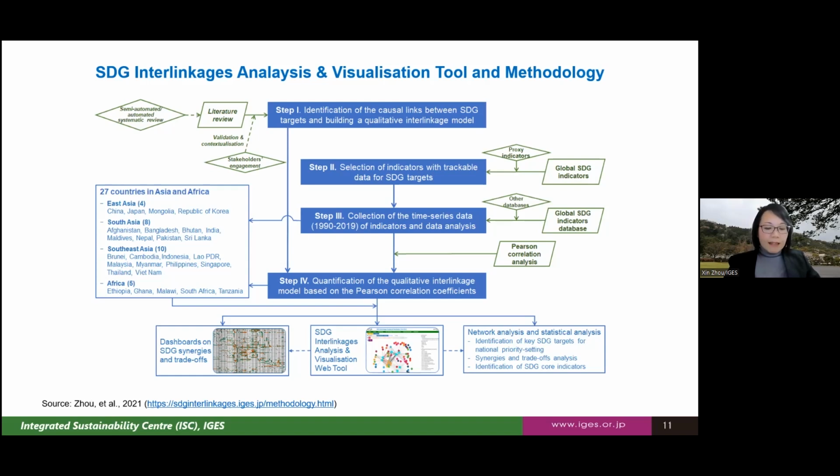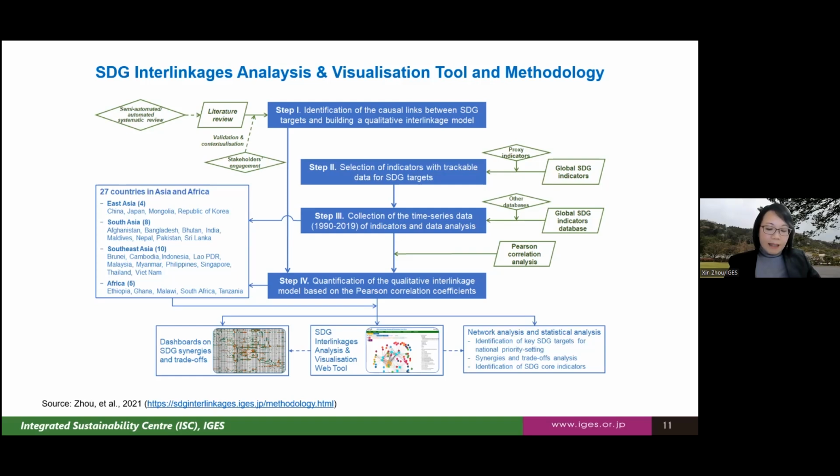Step 2 is the selection of indicators for SDG targets, which have trackable data. We mainly use the UN global SDG indicators. For those global indicators which do not have established methodologies or lack trackable data, we used other proxy indicators such as those from the World Bank's World Development Indicators.